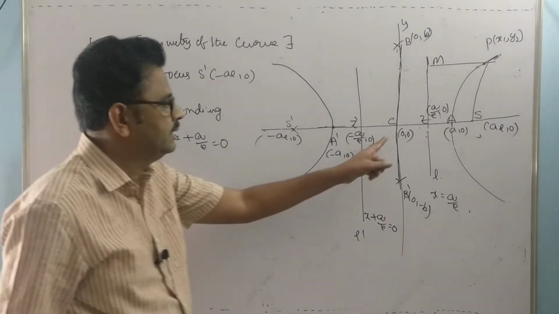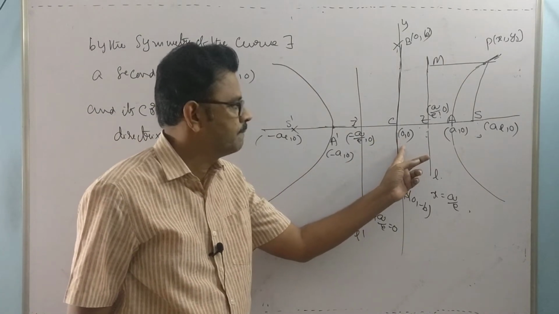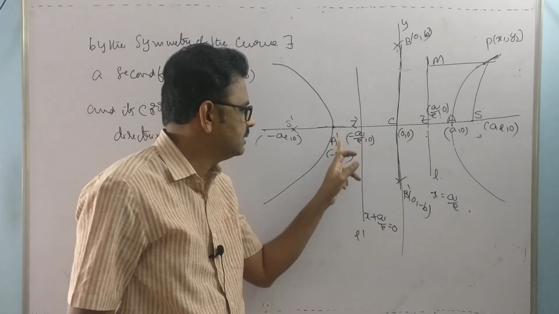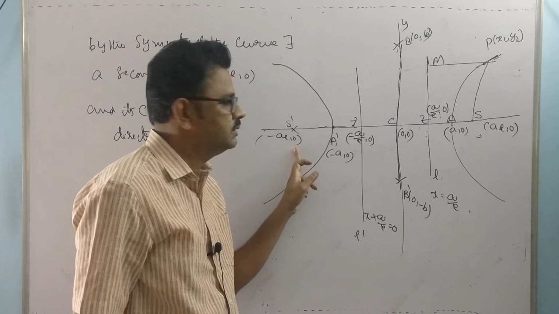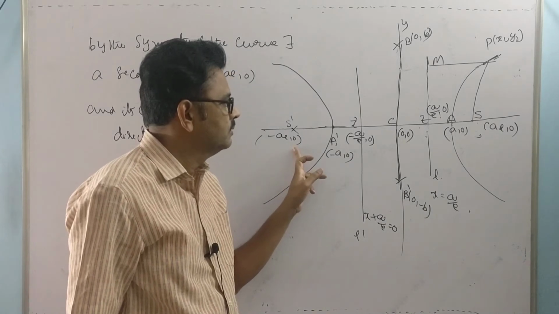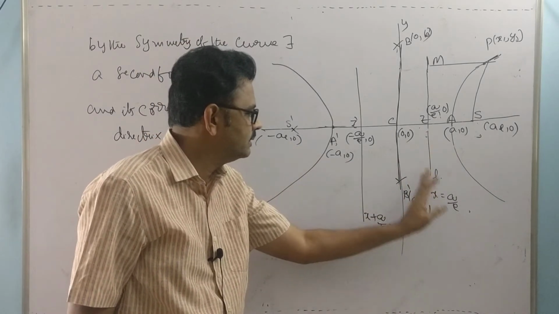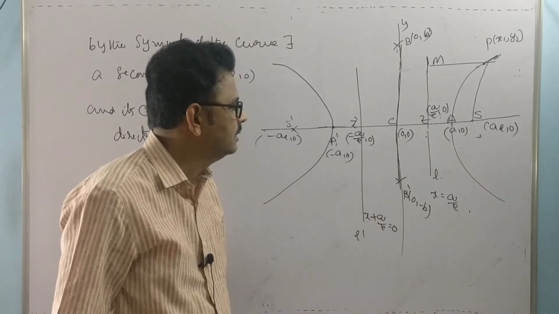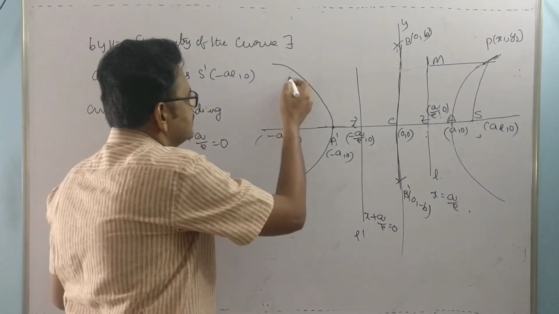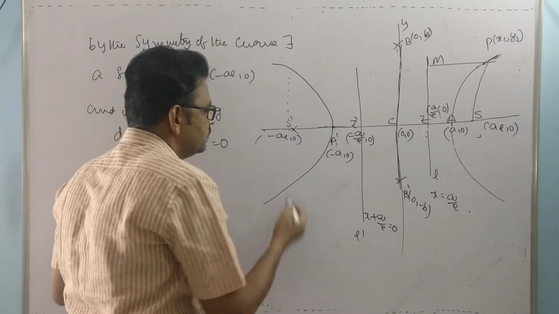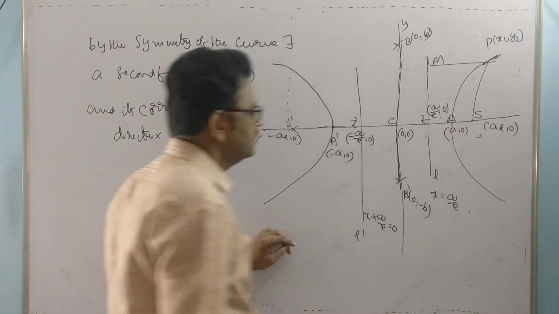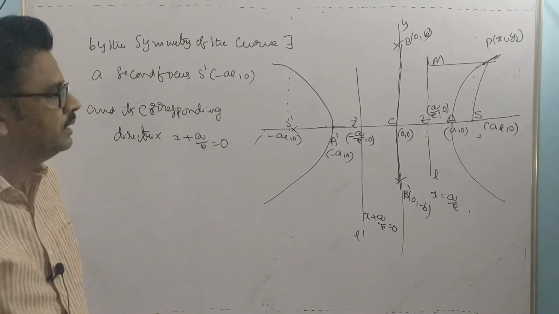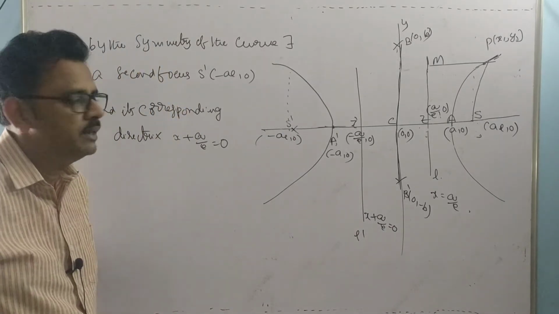Center (0, 0), vertices plus or minus a comma 0, foci plus or minus AE comma 0. Equations of the directrices are x equal to plus or minus A by E. The latus rectums are x equal to minus AE and x equal to plus AE, so x equal to plus or minus AE.